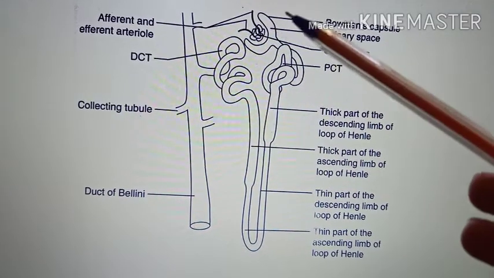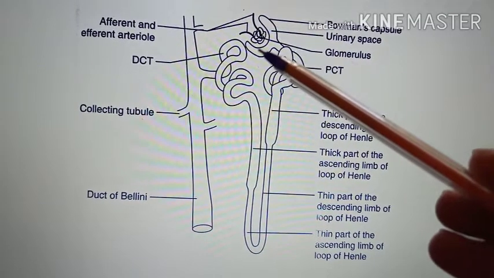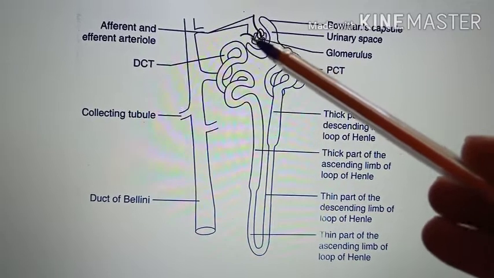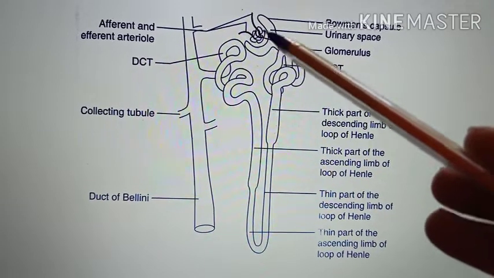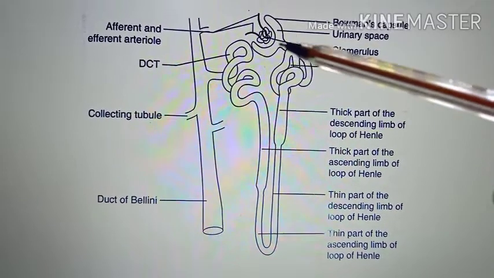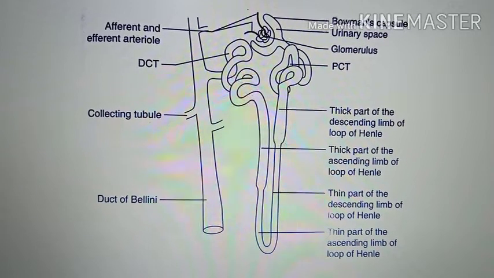The renal corpuscle consists of Bowman's capsule as well as the glomerulus, which together we call the renal corpuscle. Now coming to the Bowman's capsule, it is the blind beginning of the nephron.